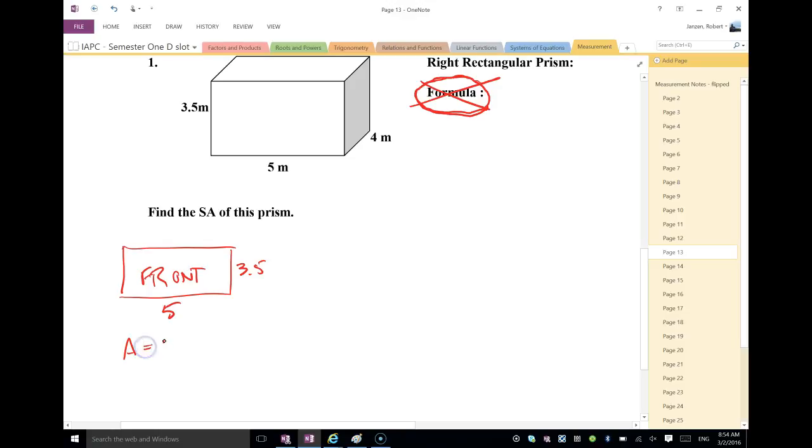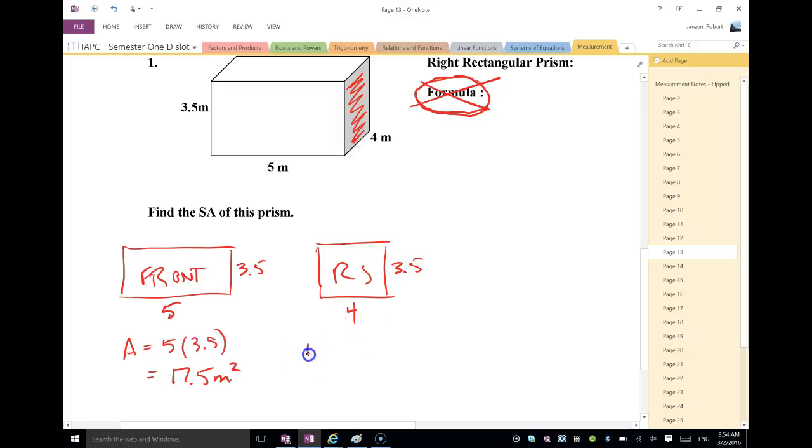Base times height, 5 times 3.5, and you get 17.5 meters squared. What about the right side? That's this piece right here. It says it's 4 meters on the bottom, 3.5 meters high. Can you find the area of that? Absolutely. 4 times 3.5, you're going to get 14 meters squared.